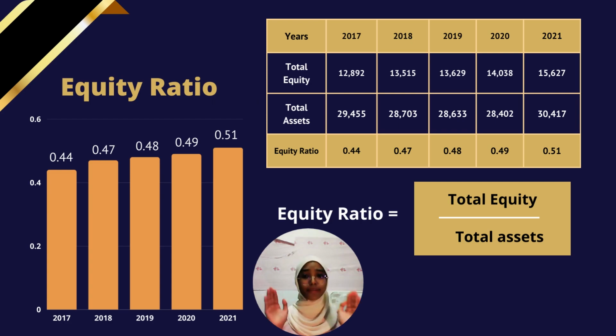Okay, any company with an equity ratio value that is 0.50 or below is considered a leveraged company. The higher the value, the less leveraged the company is.